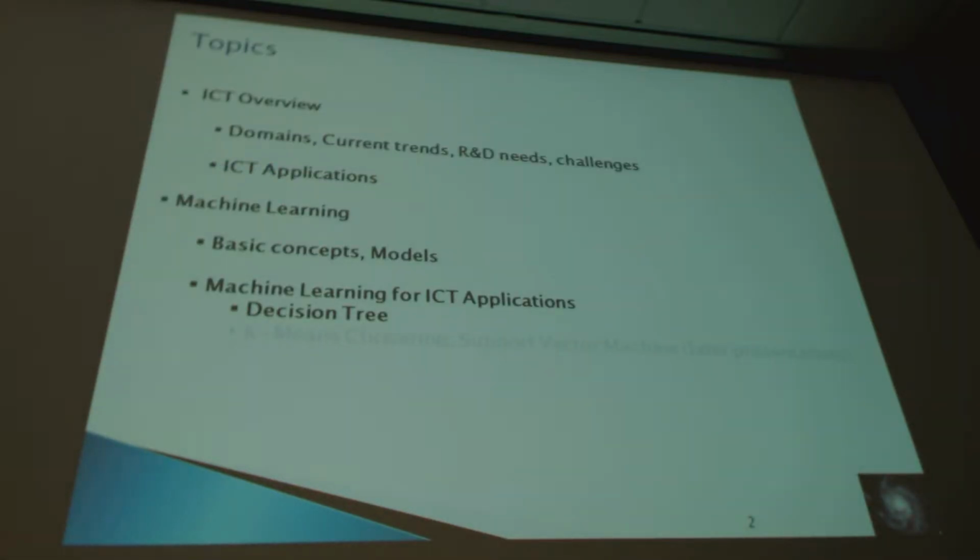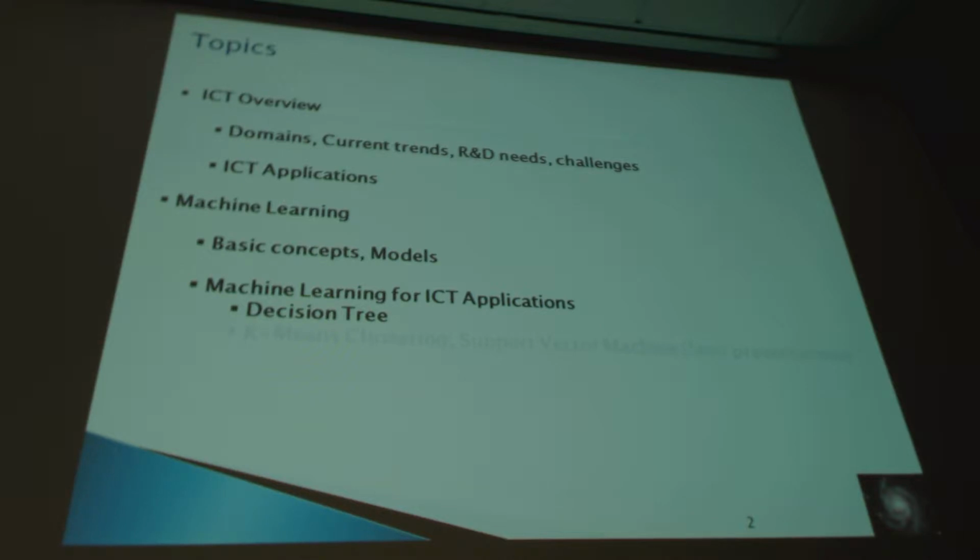So as many of us are new to ICT, I will provide an overview about ICT, its domains, its current trends, R&D needs and challenges, and then I will talk about ICT applications. After that, I will jump into machine learning, its basic concepts and models, and then I will focus more on the use of the decision tree learning model for ICT applications.